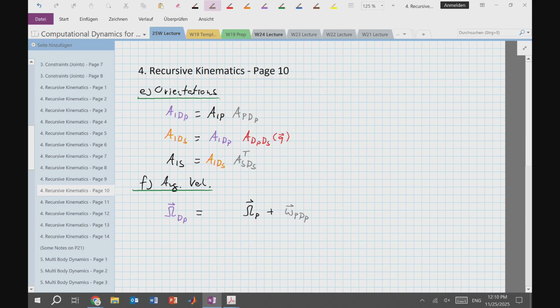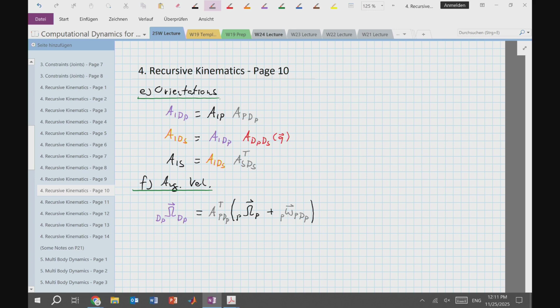Relative angular velocity between the p and the dp coordinate system. And then we can reason about in which coordinate system I want this. This here is, let's say it's given in p coordinates. And then I need to somehow do a coordinate transformation here. A p dp transposed.